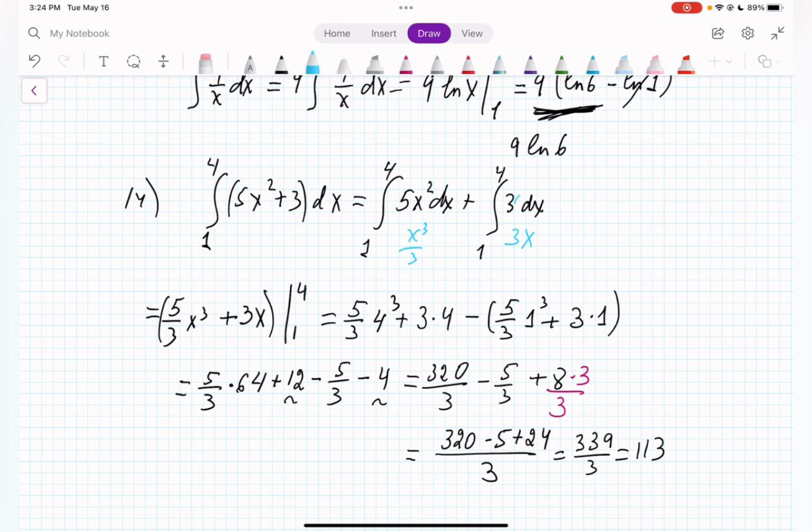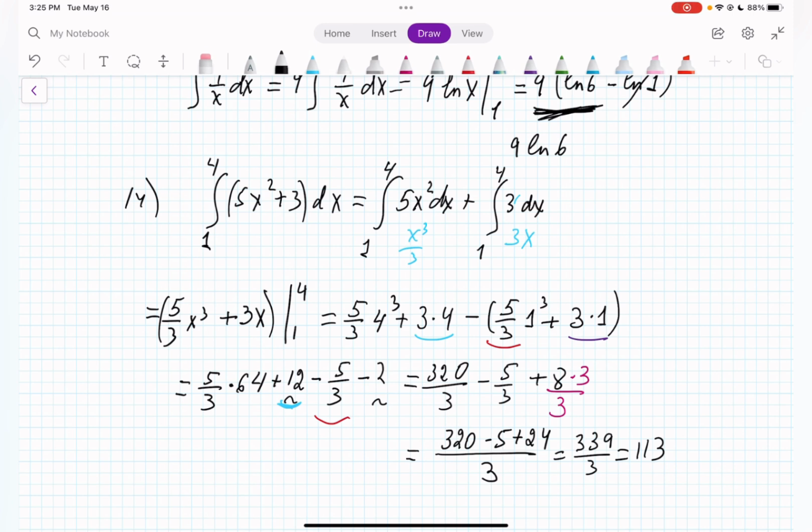Okay, and then plus this 3 times 4 is 12, here it is. And then we do, let me see, I'm going to take this one, minus 5 over 3, and then we get minus, here it is, silly mistake, see, minus 3.